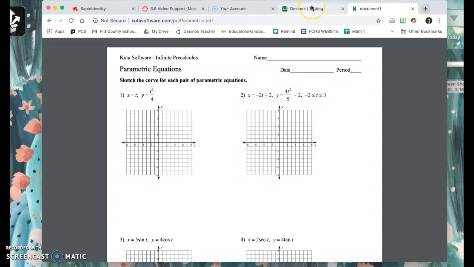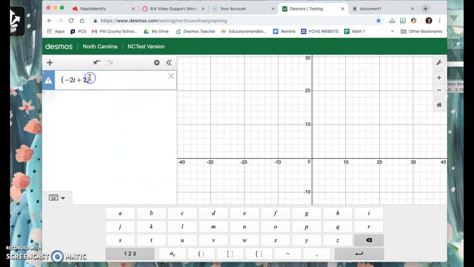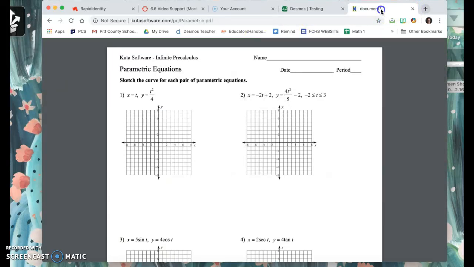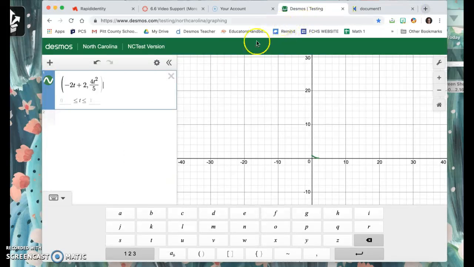And my y value was 4t squared over 5, and that was minus 2 at the end. So again, we see this little graph right here between 0 and 1, but the restriction that they had was between negative 2 and 3. So negative 2 to 3 is the piece for my parameter that they're actually asking us to use for that one.